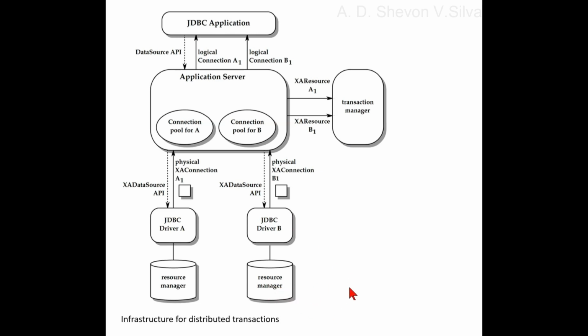Distributed transactions can be implemented in two tiers. In a two-tier architecture, the application itself acts as a transaction manager and interacts directly with the JDBC drivers' XA data source implementation. This diagram illustrates the distributed transaction infrastructure.